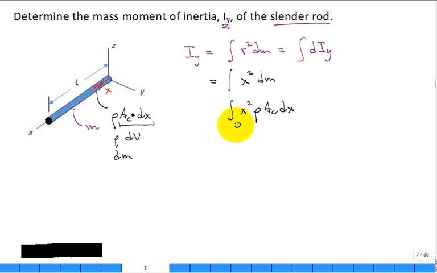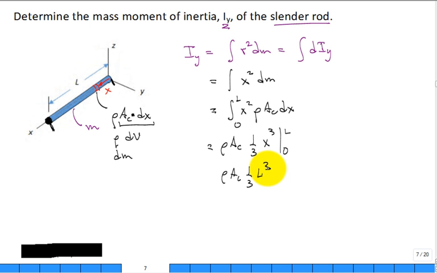I'm going to integrate from 0 to L. That's it. I start at 0 and go to L. All right. The rho cross-sectional area comes out. I'm left with 1/3 x cubed evaluated from 0 to L. Rho cross-sectional area times 1/3 L cubed.